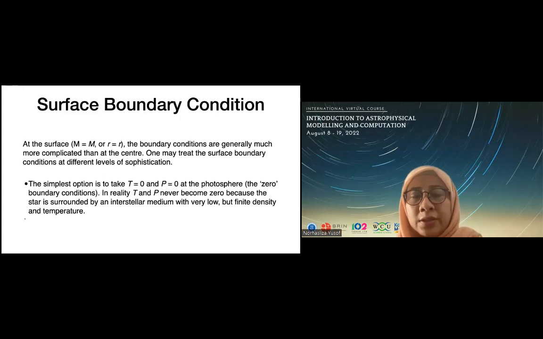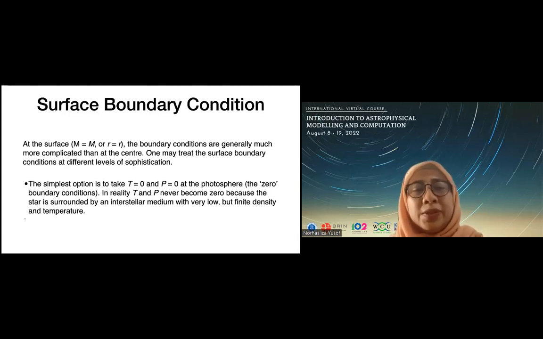The boundary conditions are generally much more complicated than at the center. Why? Because we have to make sure that this value is treated correctly. If you don't put the correct value at the surface, you might not get the one that we desire, or the value that we are looking for.